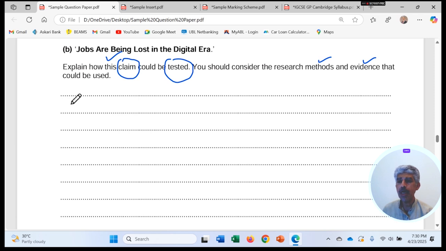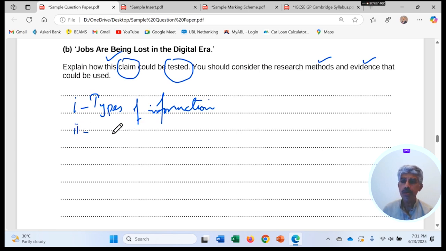Previously, in the syllabus before 2025, this particular question carried 3 things. Number 1, types of information. Number 2, sources of evidence.